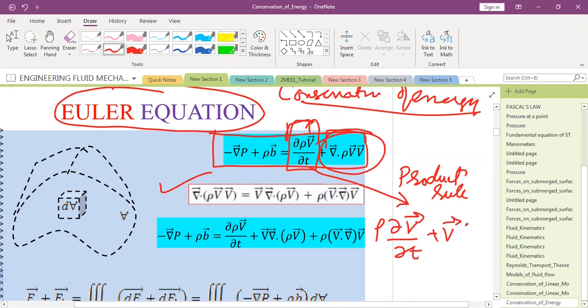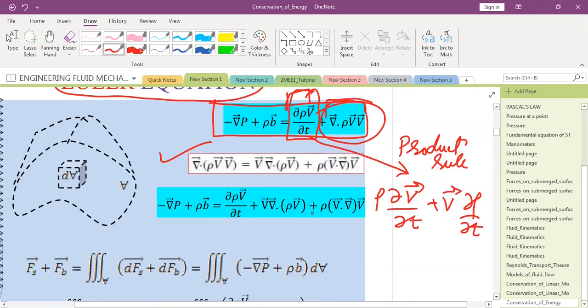So this is correct. Any doubts to anyone? So I'm writing down here. So this equals rho curly V by curly T plus V curly rho by curly T. So I have written down, instead of this, these two terms.